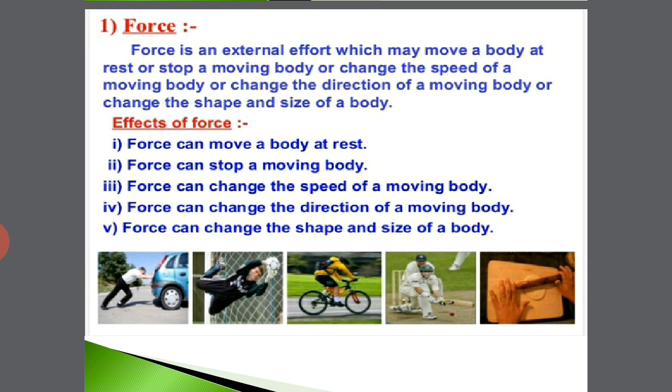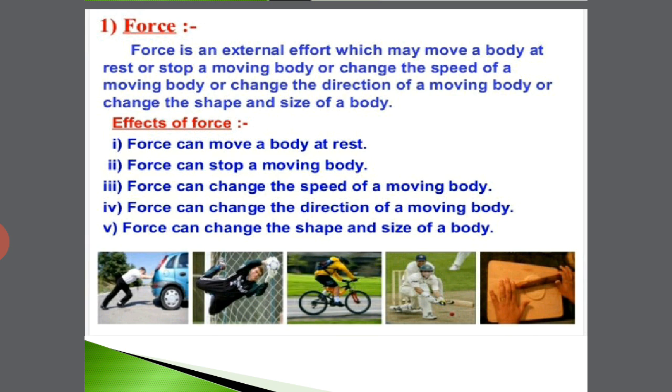So force is a push or a pull which either changes or tries to change the state of an object. What are the possible effects of a force on an object?